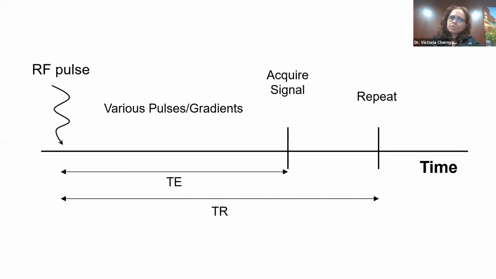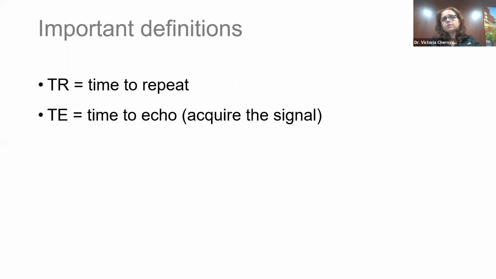So sometimes you will hear people referring to the TR and TE values of the image. If you read any papers on MR, you will see these values provided for the sequence. These are very important determinations. So again, TR is time to repeat, TE is time to echo.